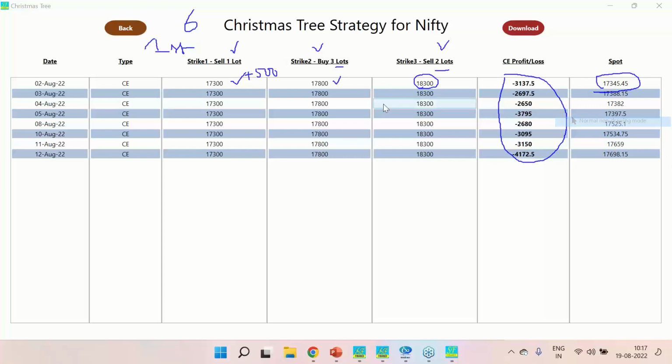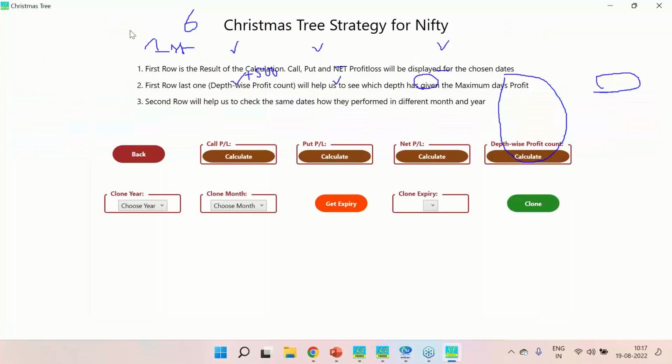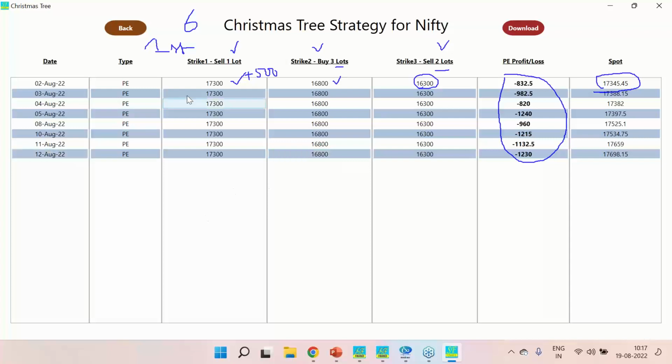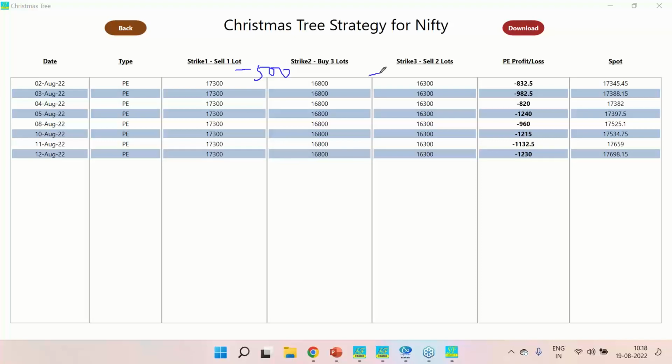Same process for the put options. So the depth will be decreased by 500. The starting strike is 17,300, the first trade in the put option, and then minus 500, so it is 16,800, and then minus 500, the 6th trade is 16,300.